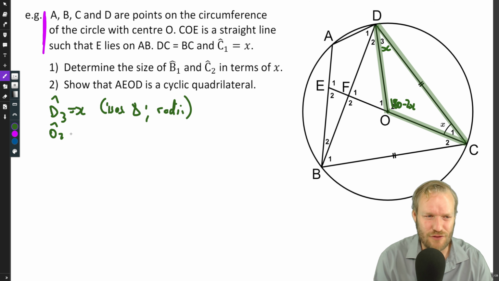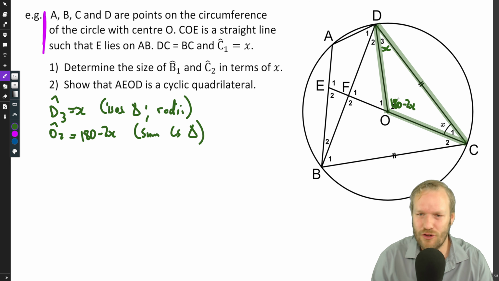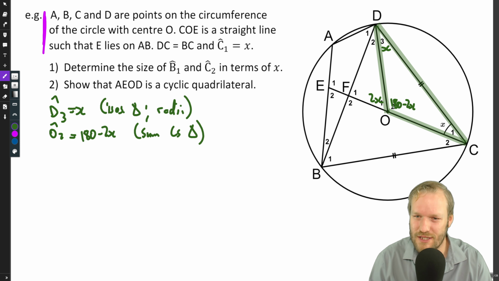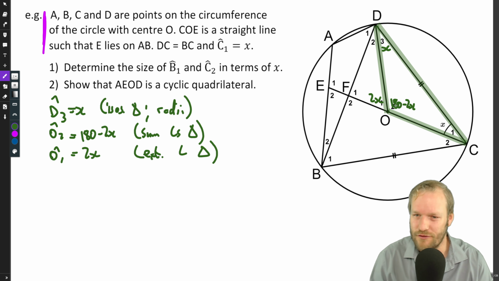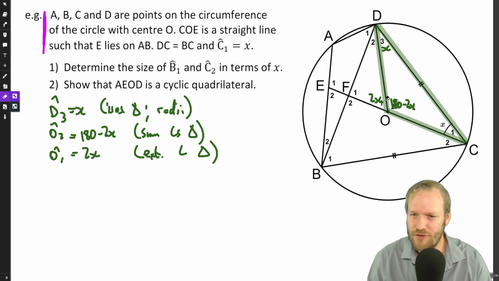There's enough that we're going to have to do that it's probably worthwhile getting into the diagram like this. O2 equals 180 minus 2x, because of sum of angles in a triangle, and this one here must be 2x, either exterior angle or sum of angles on a straight line. So O1 equals 2x, and I'm going to use exterior angle of triangle, but you could of course have used angles on a straight line. Okay, enough distraction.